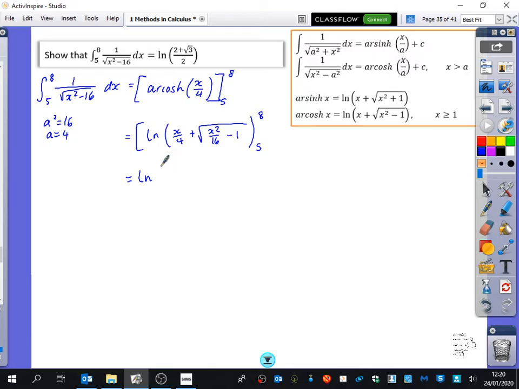So when we sub in, we get ln of 8 over 4, which is 2, plus the square root of, what's 8 squared over 16? 64 over 16? 4. Minus the ln of, putting 5 in here, 5 over 4, plus the square root of 25 over 16 minus 1.